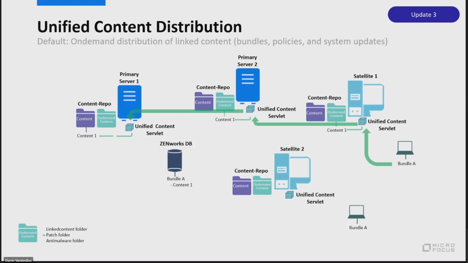Then, of course, if a device requests it after that, it would just need to be streamed down to the content server again. So there are a lot of advantages to being able to stream content from a volume management or disk space usage management perspective.